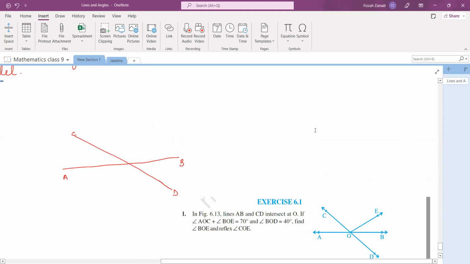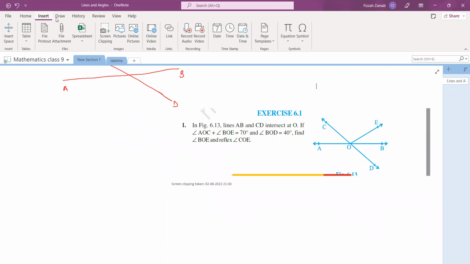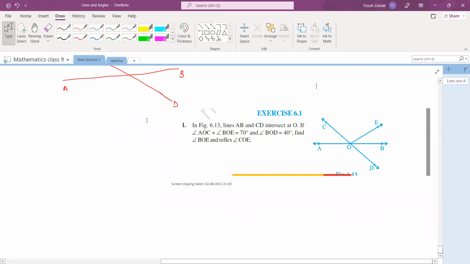Okay, see here, this is the question. Now in the figure, lines AB and CD intersect at O, right? You can see AB and CD in the figure.